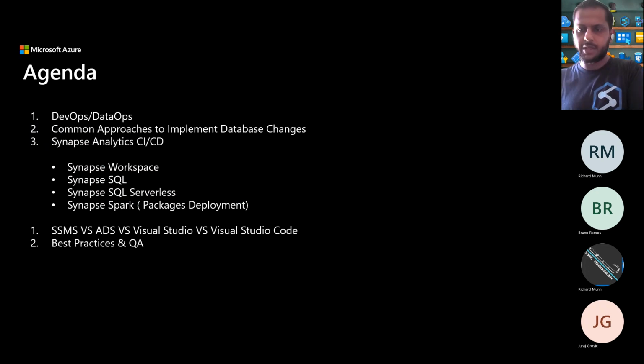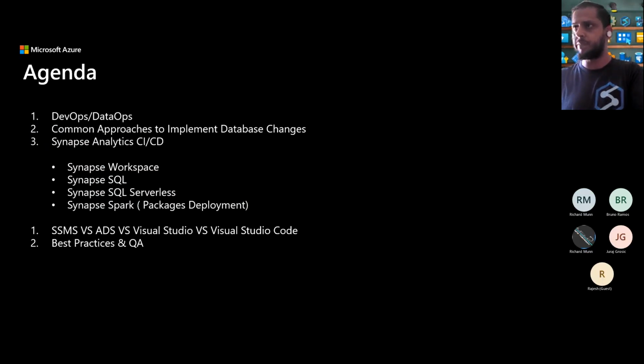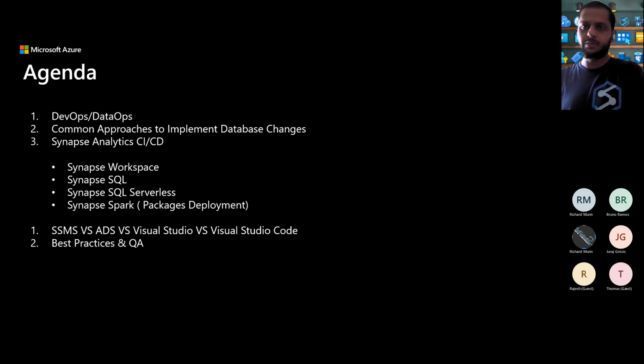Specifically with respect to the agenda, we are trying to cover a few things. I'm briefly going to discuss what the difference between DevOps and DataOps is, right? And as we move towards DataOps, what are the common approaches to implement database changes? There are a couple, and we will discuss which are already there.